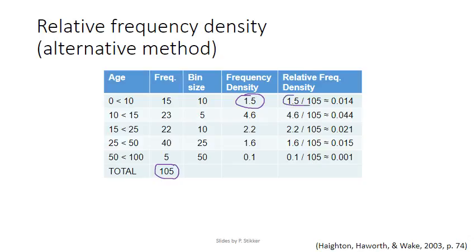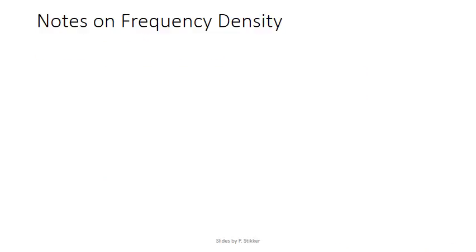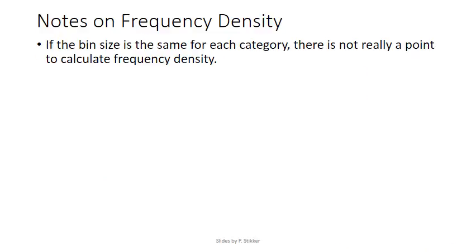In this case, that's 1.5 divided by 105, which gives me 0.014. Note that these results in the end will be exactly the same as in the previous method.